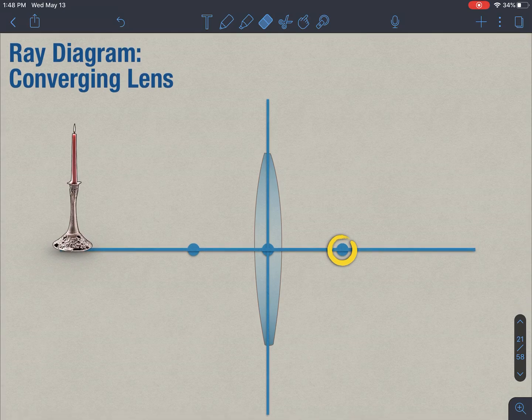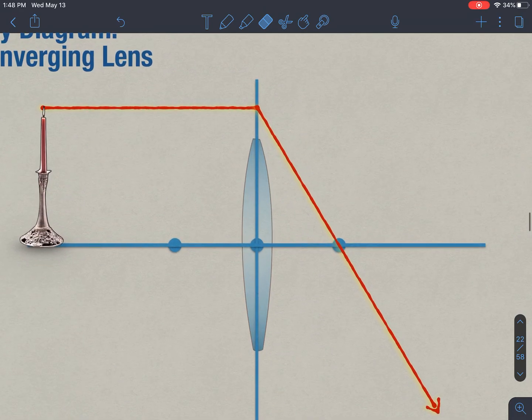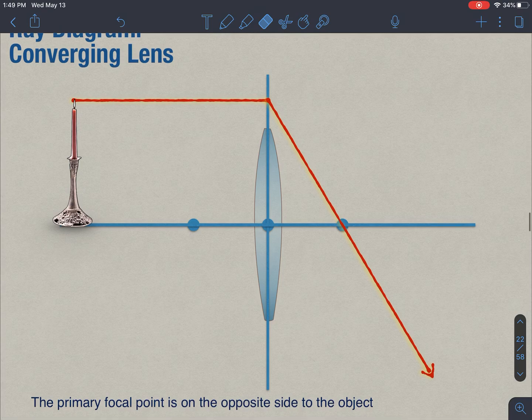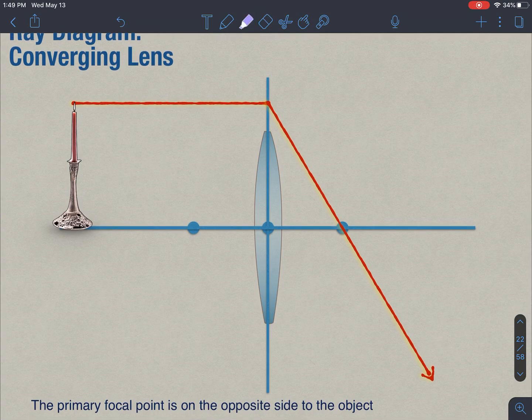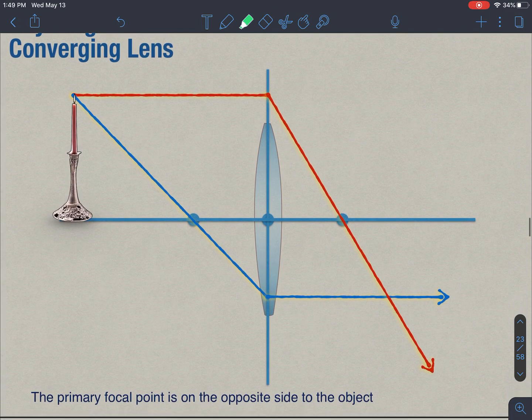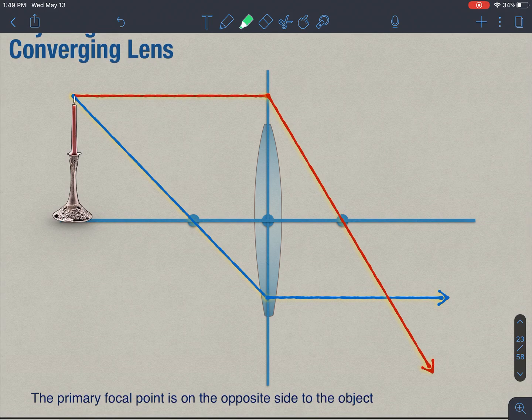There are going to be 3 rays that we need to draw. The first is going to be a ray that goes parallel. This line is drawn parallel to our axis, and then it goes through the focal point on the other side. So our first ray is called parallel to focal. Our next ray is focal to parallel.